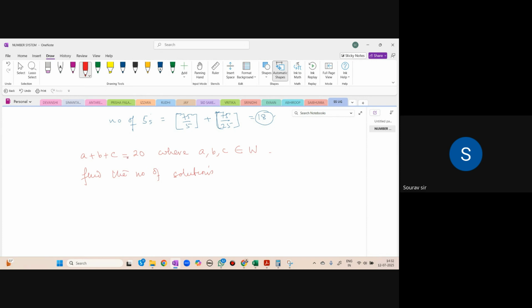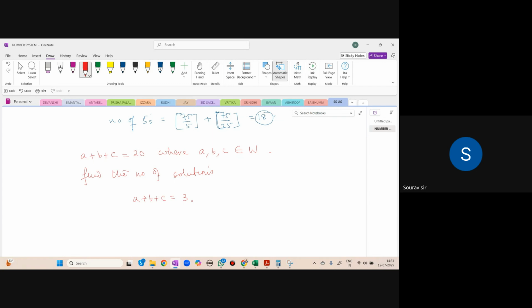Okay, let's take a simpler version of this. Always when you learn something like this, try to do it with a simpler version. Let's take a plus b plus c is equal to 3. Same question. I'm just making it simple so that we can understand the logic and work out a formula.